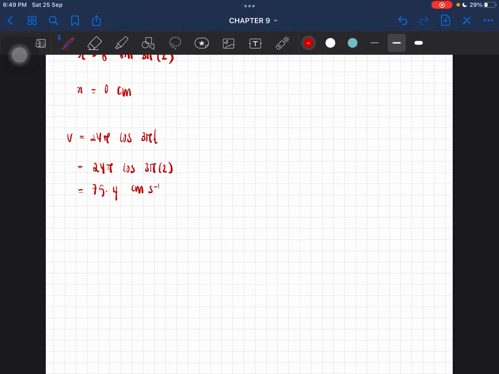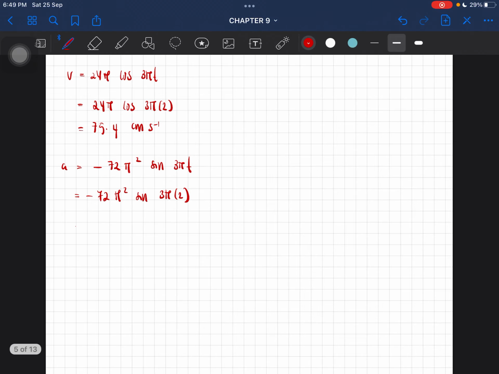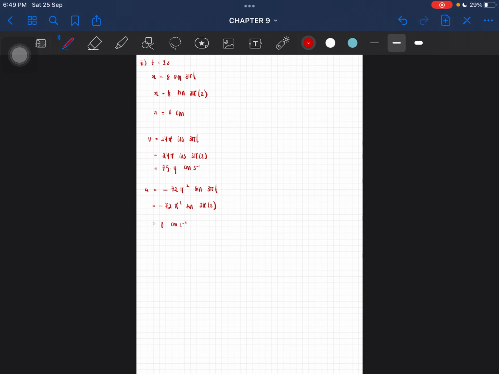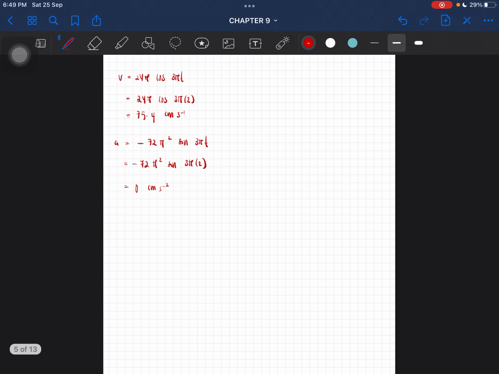Acceleration is negative 72 pi squared sine 3 pi t. So substitute 3 pi times 2, pi squared sine 6 pi, and we get 0 also. So this is 0 centimeters per second squared. So that is the solution for question Roman 3.